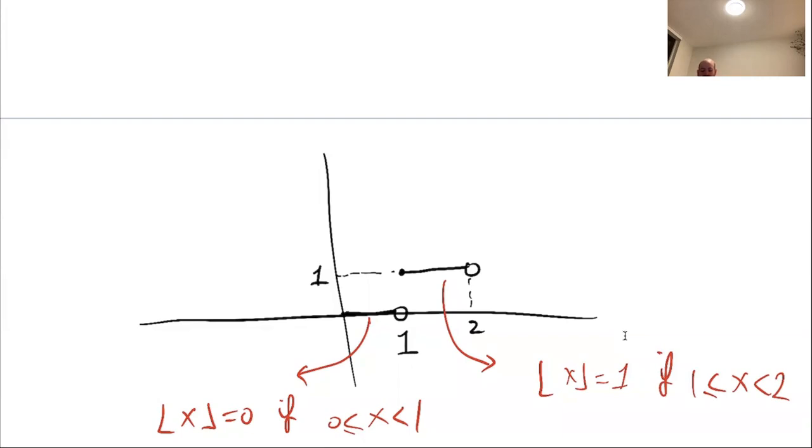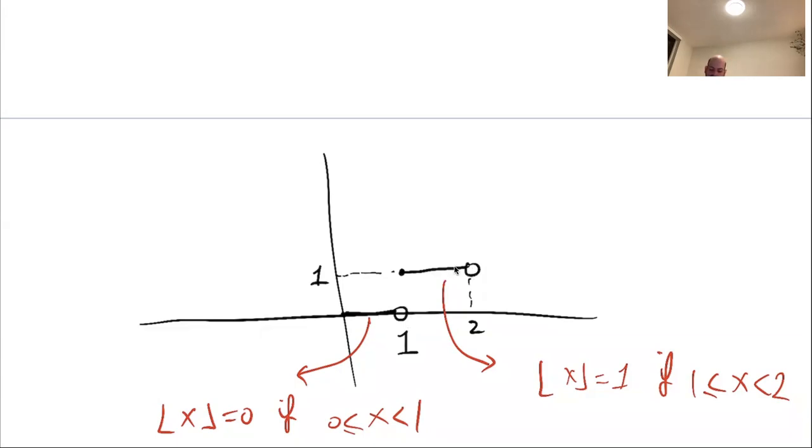Now, which part is filled, which one I have blank hole? But I have to be careful about boundary points. At 0 itself, the output is 0. So that's why here you can see the filled point. But at 1, at x equals 1, the output is not 0 anymore, it's 1. So that's why I have a blank hole here and a filled point here. Similarly at 2, again, the output is not 1 anymore.